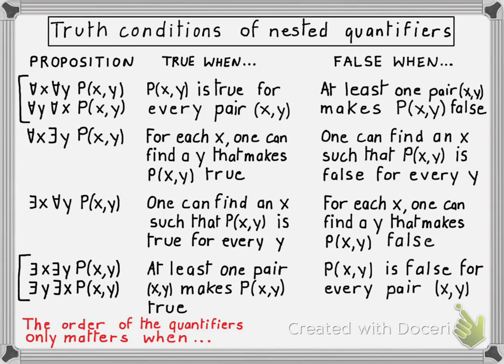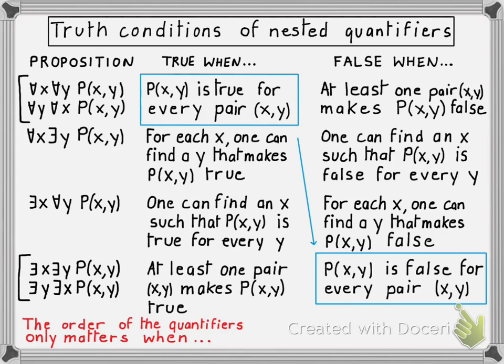Now, another thing to notice from this analysis is an interesting symmetry in these truth conditions. For example, if we start with the proposition with all universal quantifiers and move to the proposition with all existential quantifiers, we notice that the truth conditions are flipped.